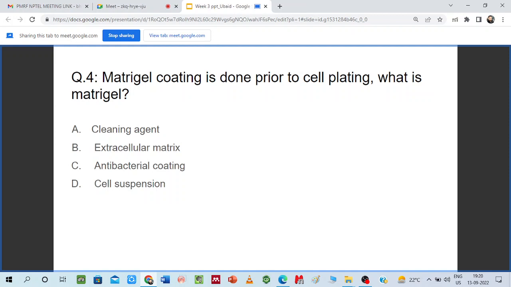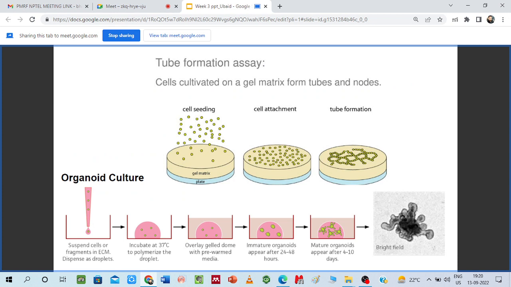As you know, endothelial cells are mostly present in the interior of the blood vessels. So Matrigel provides the exact physiological environment where these endothelial cells actually grow.